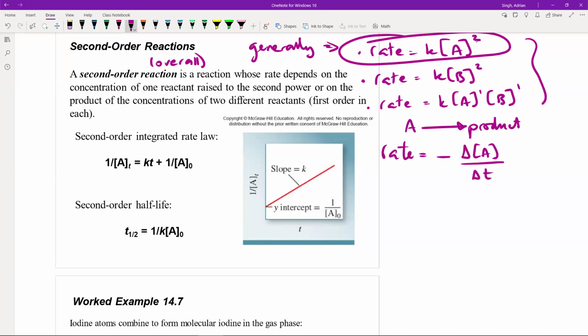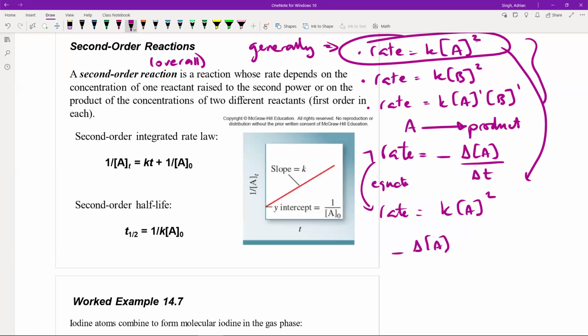And then if you were to write the rate law, like we saw up here, that would be equal to rate equals K times A squared for a second order reaction overall, and again, second order with respect to A. We can make these equal to each other, just like we did previously. So we can equate these. We can say negative delta concentration of A over delta T equals K concentration of A squared.